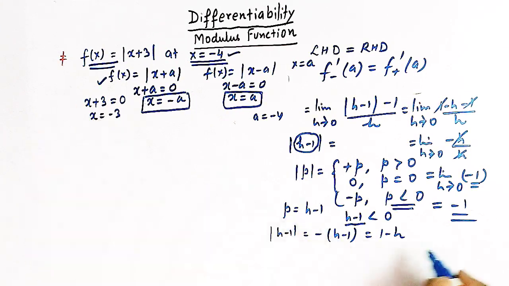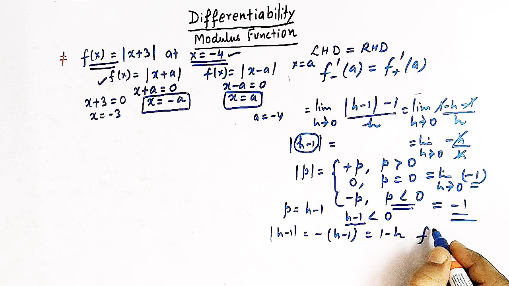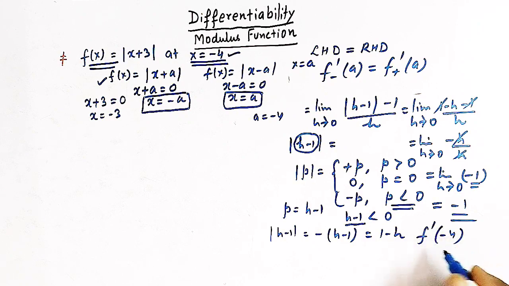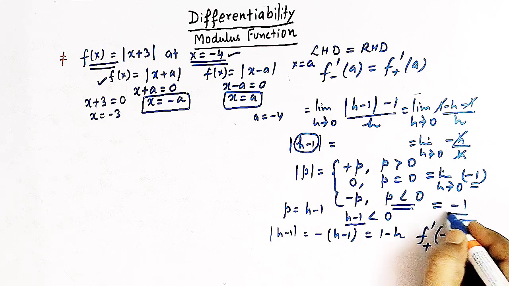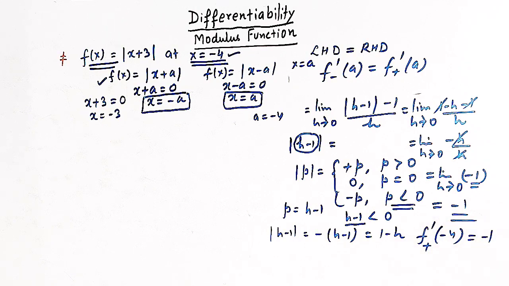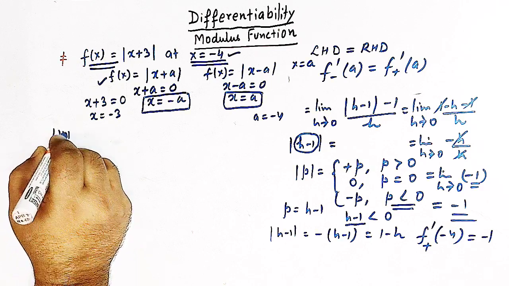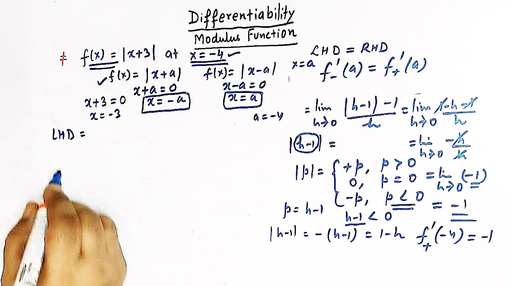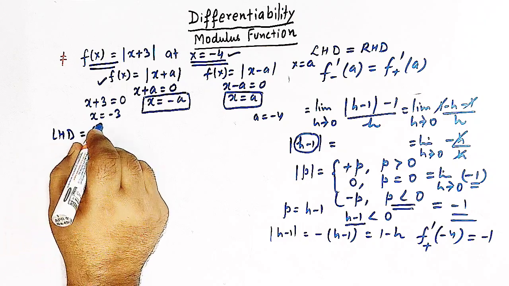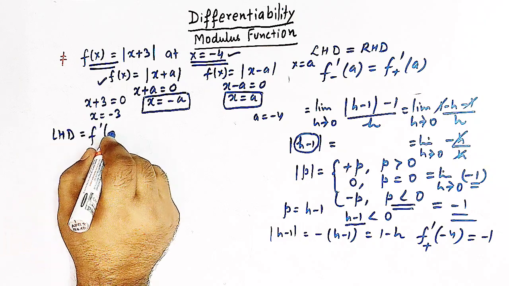So now we can write here f prime of minus 4. Here we write a positive sign, so the right hand derivative is equal to minus 1. So now let us find out the left hand derivative. So the left hand derivative is given by f prime of a.